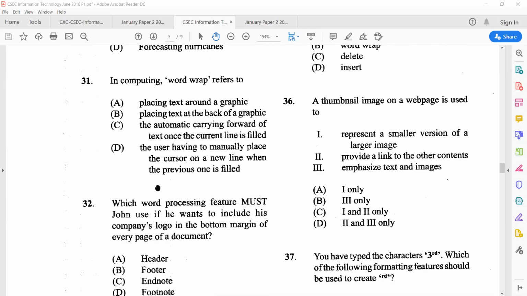Okay, 31. In computing, word wrap refers to which one of the following descriptions?